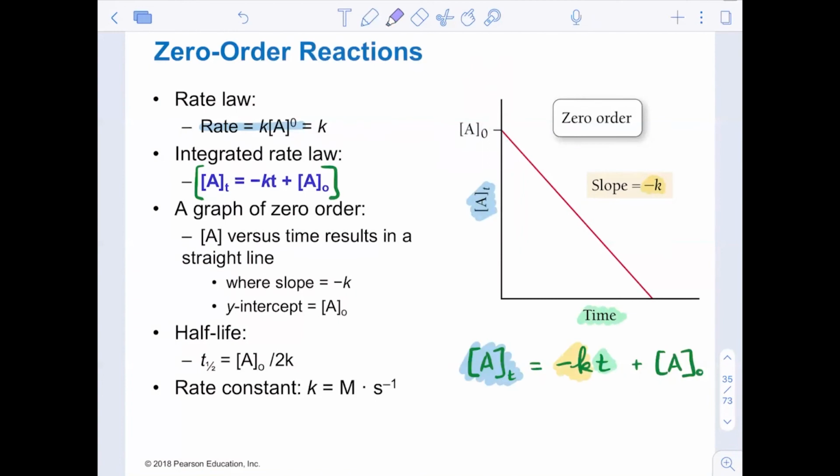And plus b, the y-intercept is, again, A initial, all right? So constructing a graph of concentration versus time results in a straight line. And the half-life is going to be, again, dependent on the initial concentration divided by 2k.